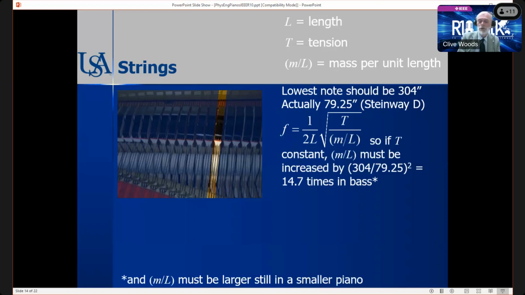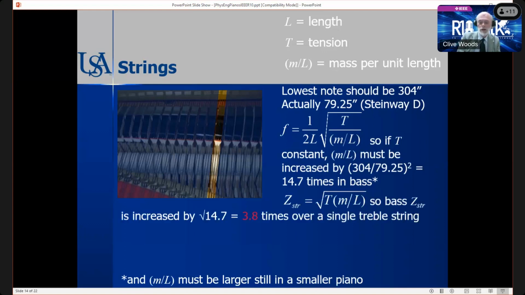The numbers work out even worse in a smaller piano, but it's closest to being ideal in a large concert grand. There's the formula for the impedance of the string. So the bass string impedance is increased by the square root of 14.7, which works out to be 3.8 times over a single treble string.